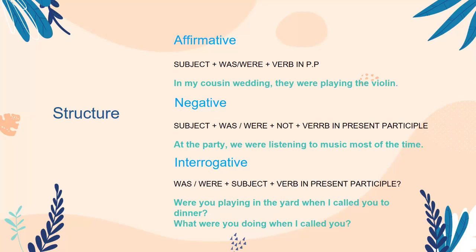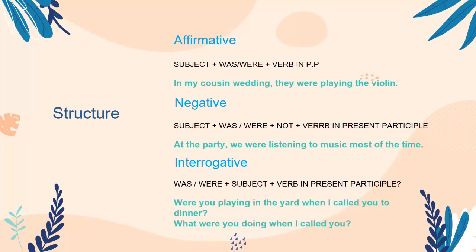To form a negative sentence, we need a subject plus the verb to be in past simple plus not plus the verb in present participle. For example, we were listening to music most of the time.